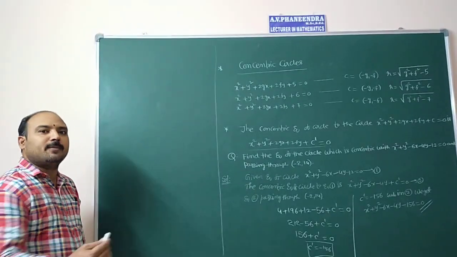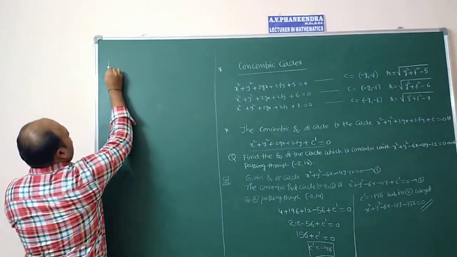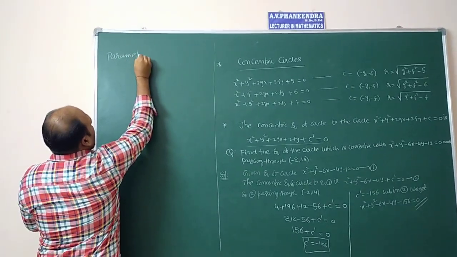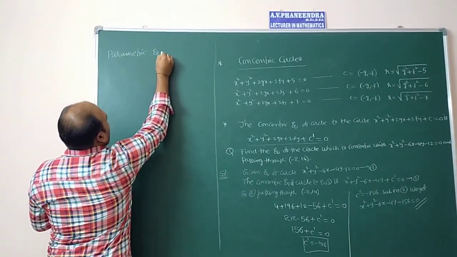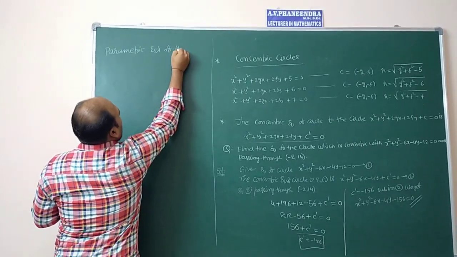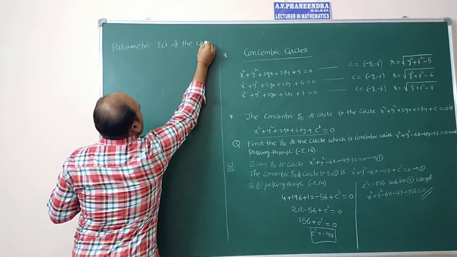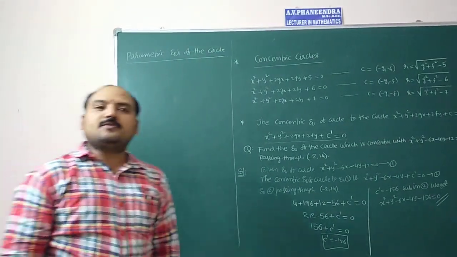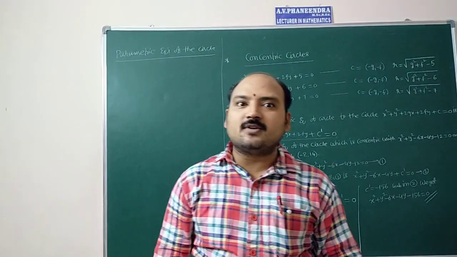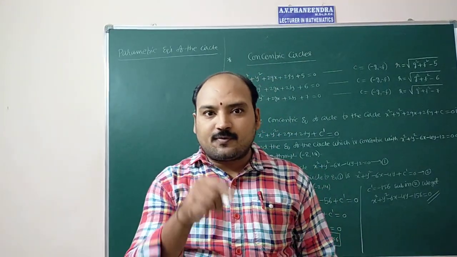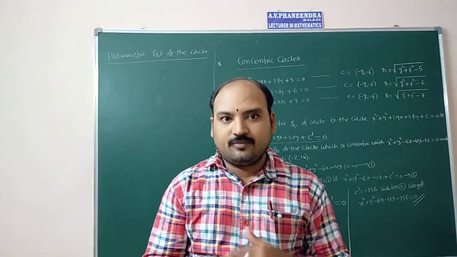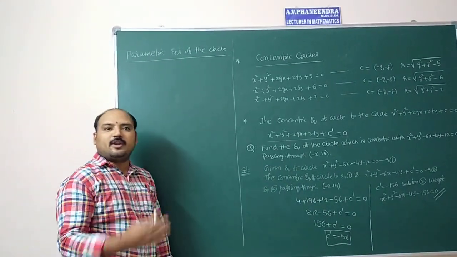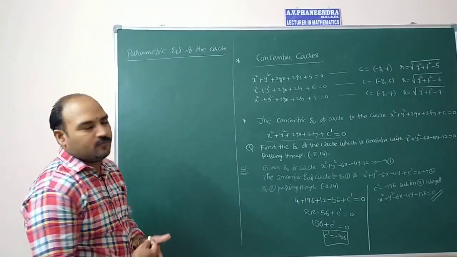Next concept: parametric equations of the circle. What are the parametric equations of circle? The equation of circle in terms of r and theta is called the parametric equations of the circle.